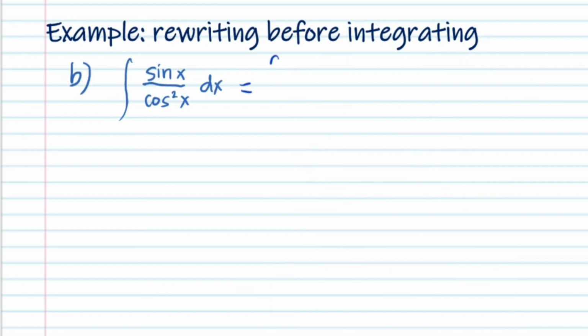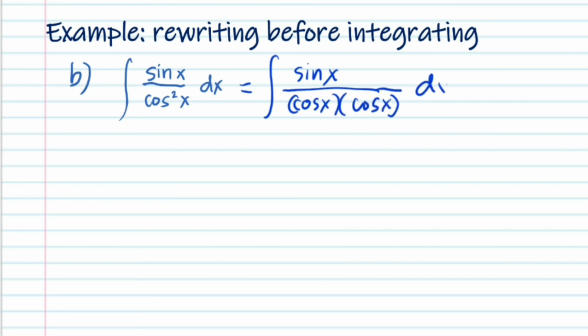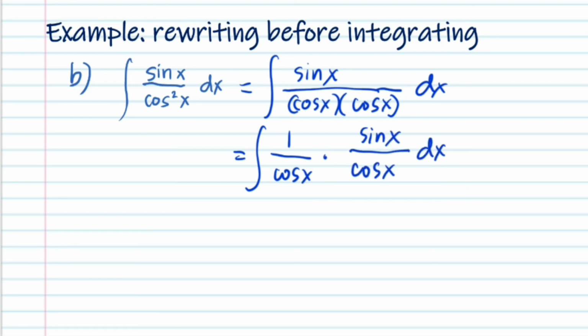Rewriting this one, we have sine x over cos x times cos x dx. So we have 1 over cos x times sine x over cos x dx.